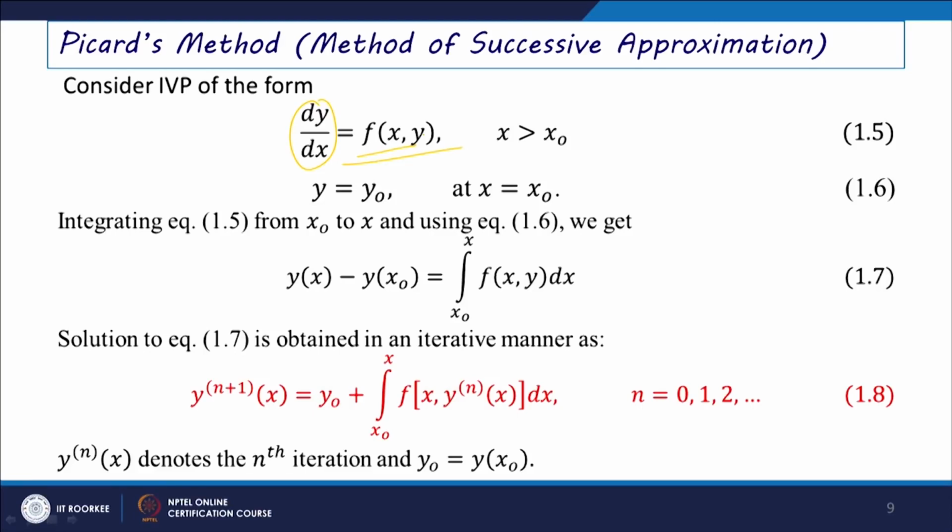Especially, if we consider this equation and take the integration of this term, dy by dx equals f of x, y, where x is greater than x naught and y of x naught is given, that is y naught.